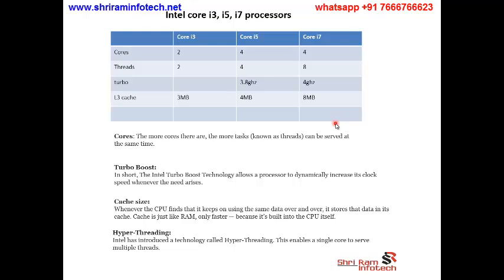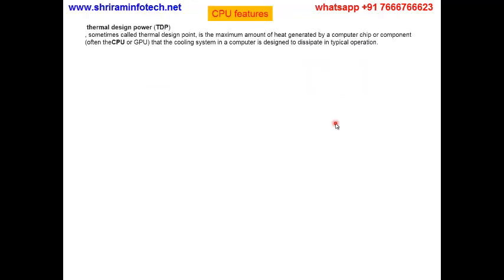Heat reducing, that is called TDP reducing. And technology in nm: cache, RAM increasing, frequency increasing, ALU increasing, size decreasing. So these are the differences in the generations, right? 14 nm.